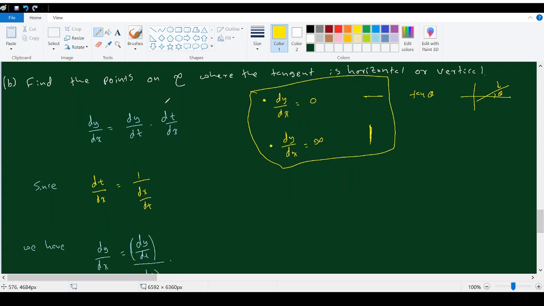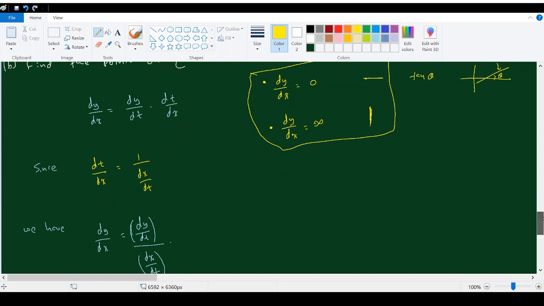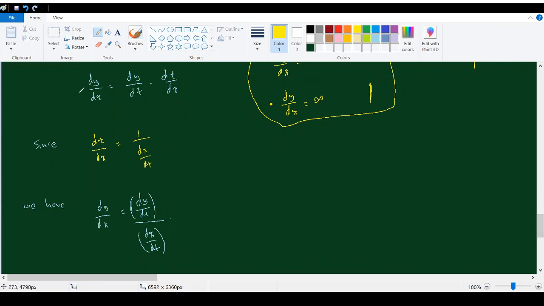And also we saw that this dt by dx can be written like this, right? So ultimately what we have is the derivative of y with respect to x can be written like this: the derivative of y with respect to t, divided by the derivative of x with respect to t, right? This is the main equation that you need, right?